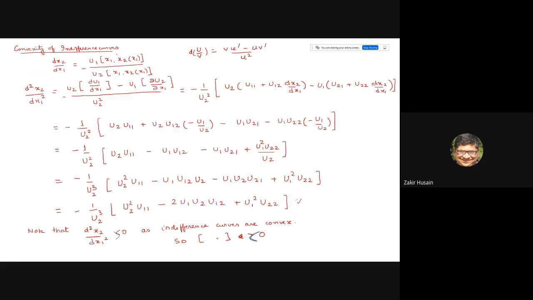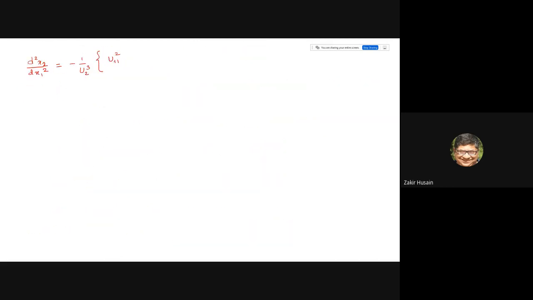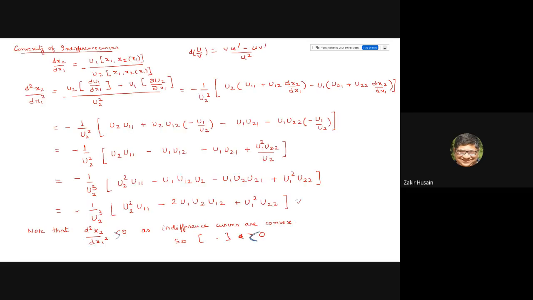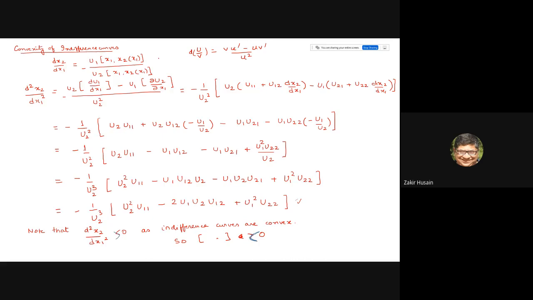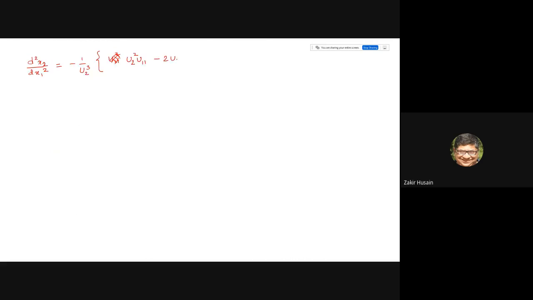See, the problem over here is if you make one mistake, you can't cut it out. You can't erase it. U2 by U11. This will be, I hope it's correct, U1 square and U2 2.